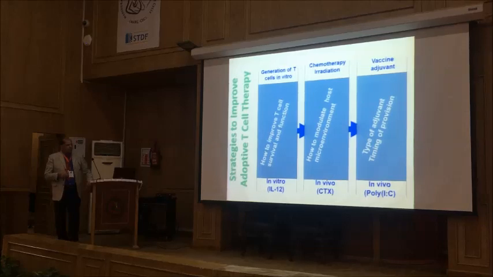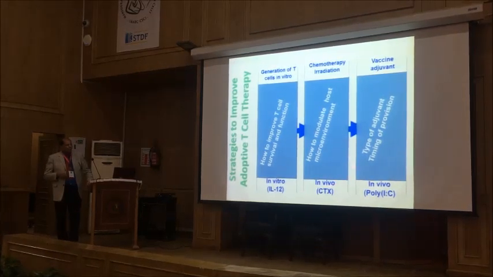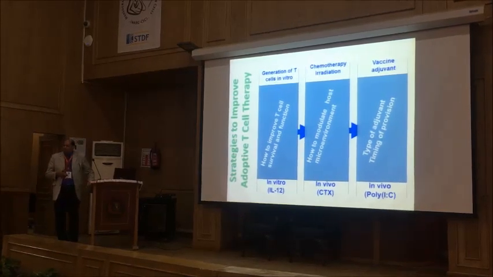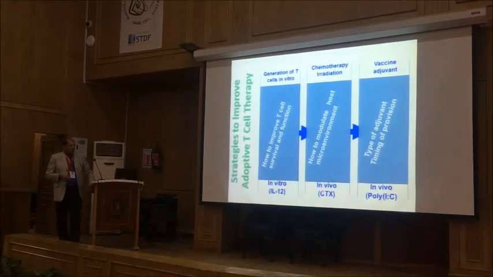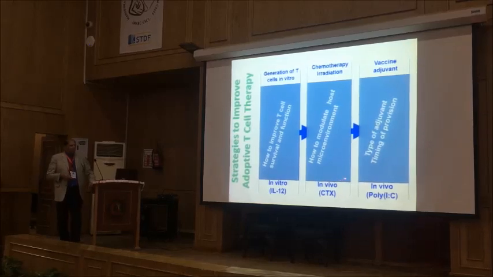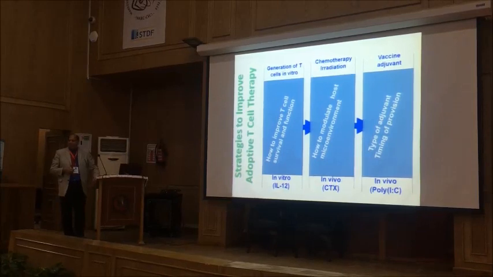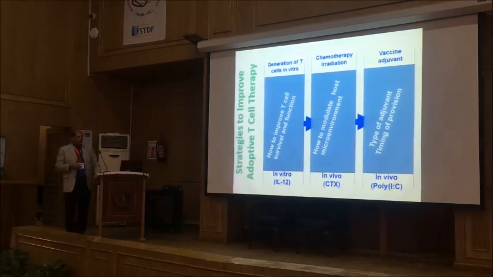The second approach is to work on the tumor, how to get benefit from short-term chemotherapy, in this case CTX, which is cyclophosphamide. And we understood the cellular and molecular mechanisms underlying the effect of chemotherapy. I'll show you some of our publications.